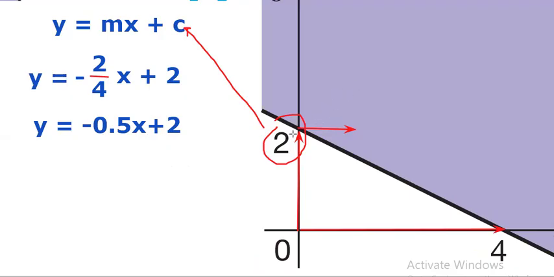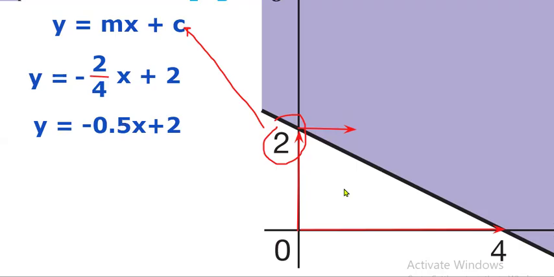So the line here is under. This means that the gradient is negative. And to find the gradient, we use the rise over run method.